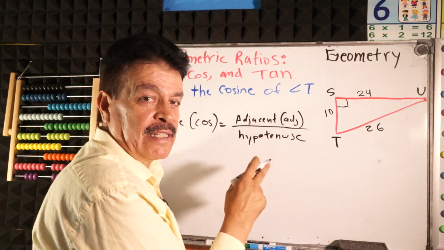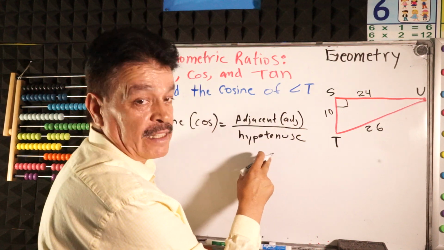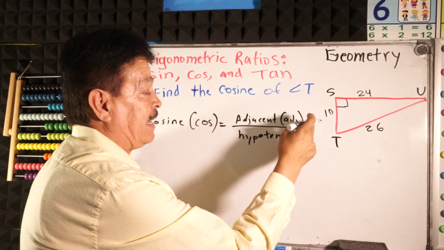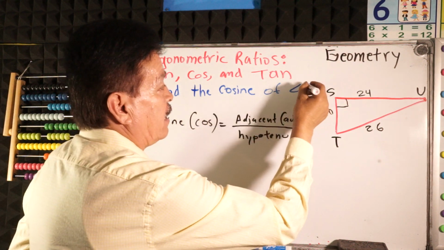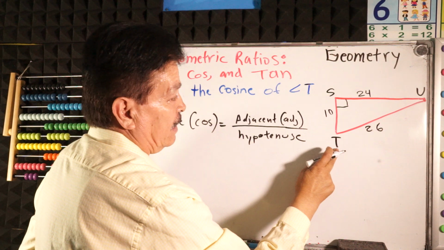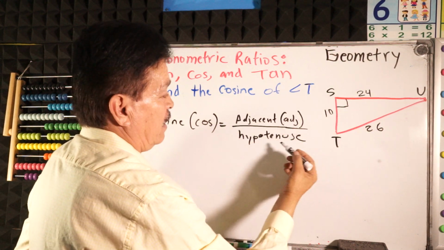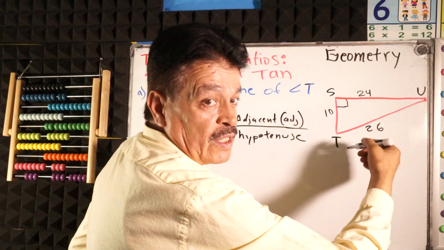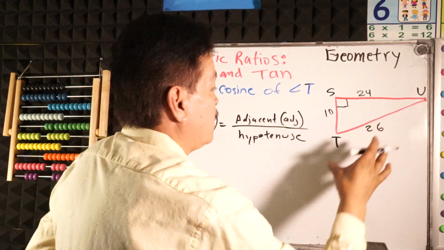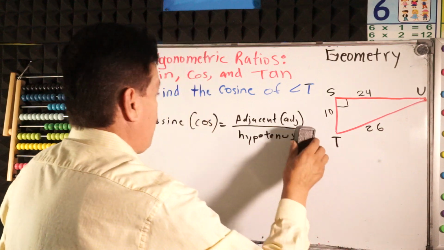Remember the other one, the sine, was opposite. Now it's adjacent. For instance, we are talking about the angle T. Where is the T? This is T. The adjacent side is ST, and the hypotenuse is TU. This side is the hypotenuse. This is the definition of the cosine.